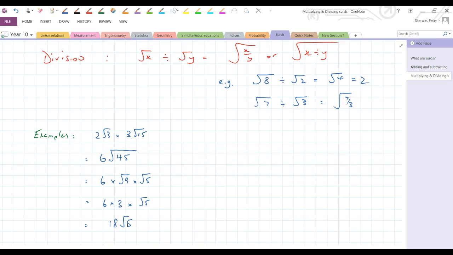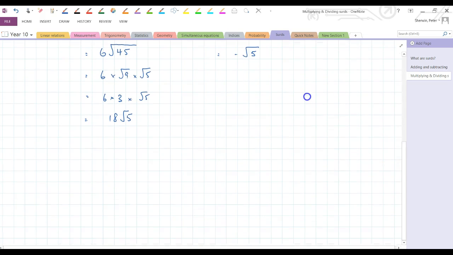Okay, next example, let's have a look at minus the square root of 10 divided by the square root of 2. So what we can do here is divide 10 by 2 to get 5. But remember, a negative divided by a positive is a negative, so it would be minus the square root of 5. No problem there.